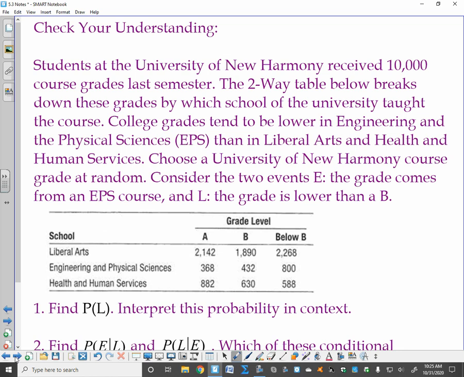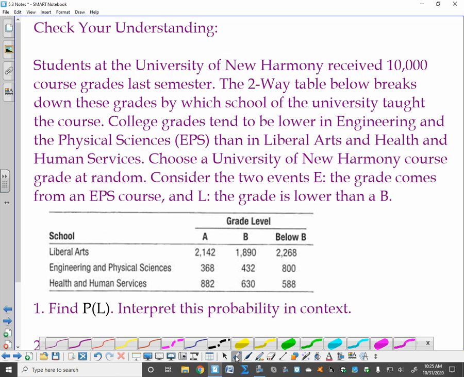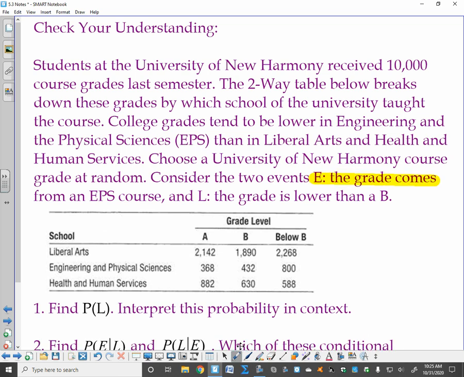E is the grade comes from an EPS course, and L, the grade is lower than a B. So they have defined 2 events. Okay, so I'm going to highlight those so I don't have to search for them. E is the grade comes from EPS. All right, and EPS is the engineering and physical science. So those are the tougher general classes. And then L is the grade is lower than a B.